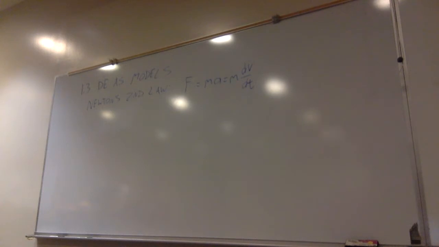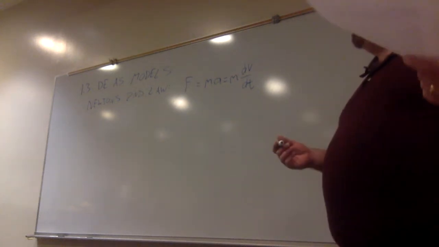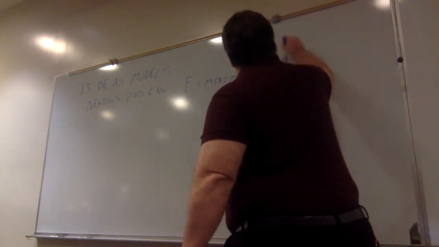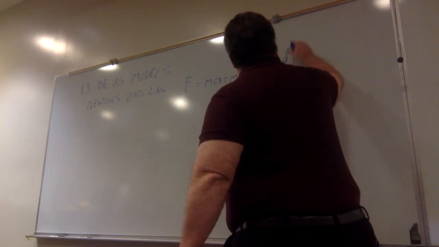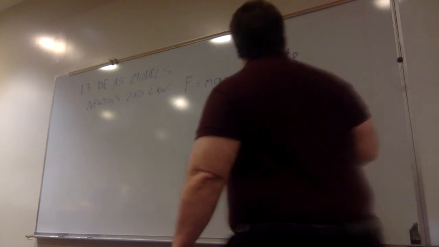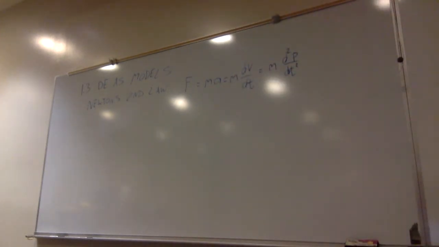What's another? Position. Second derivative of position. Since velocity is a derivative of position, acceleration would be the second derivative. I'll use p for position with respect to time. Okay.